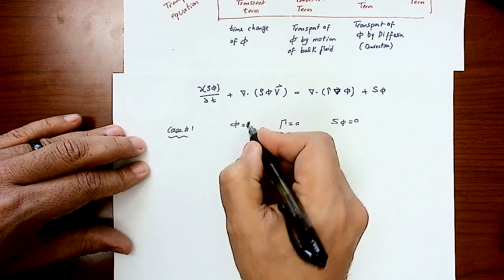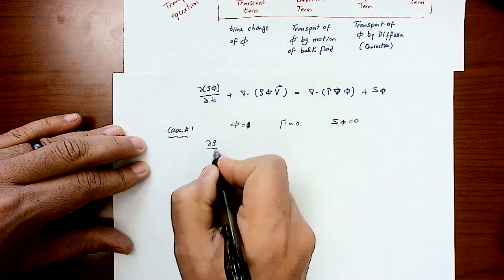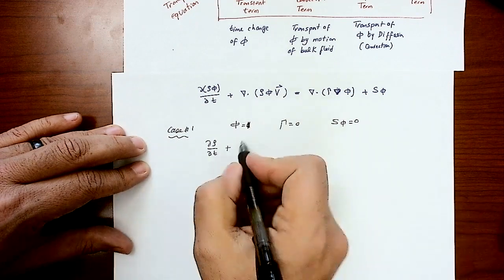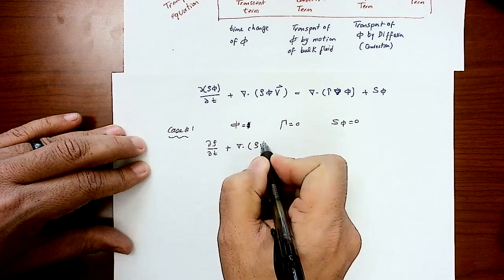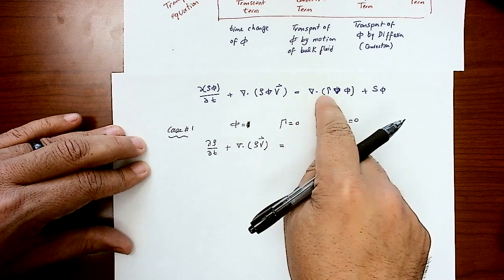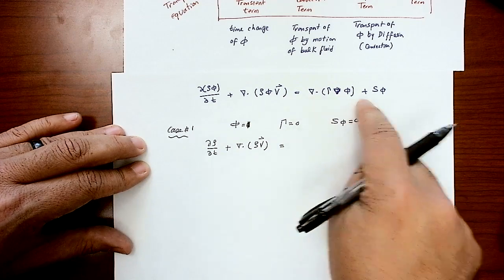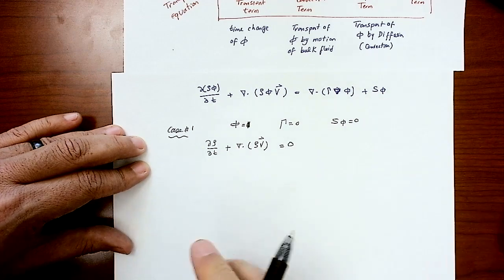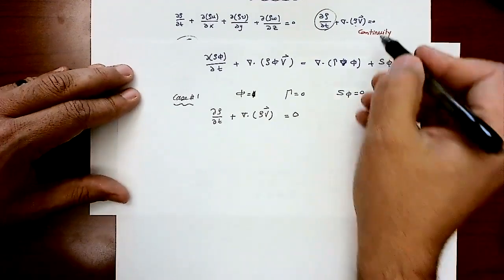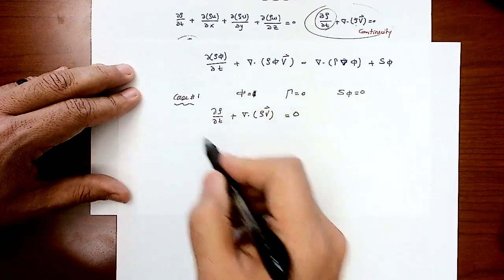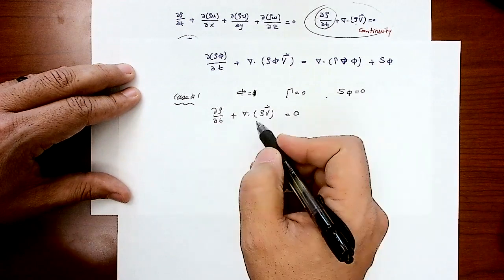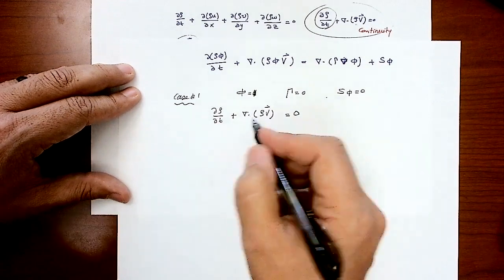If phi is equal 1, I will have partial rho by partial t plus nabla dot rho v equal to 0, because the diffusion term goes away and the source term goes away. That's clearly the same as the continuity equation. So if you put phi equal 1, kappa equal 0, source term is 0, that leads to the continuity equation here.